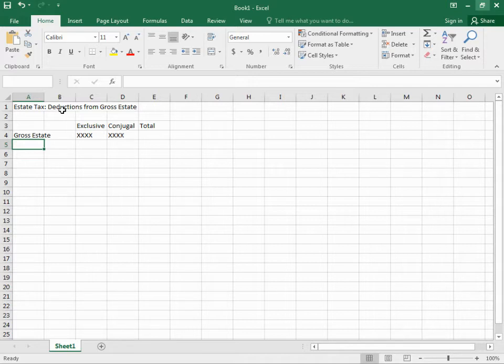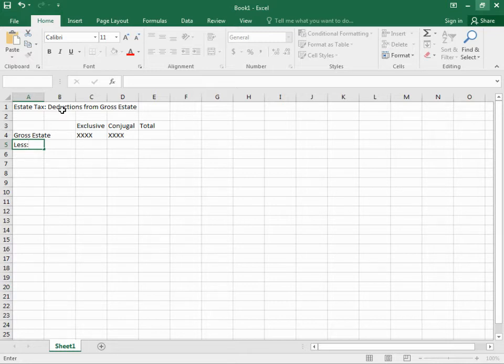So if the decedent is single, you can just leave the communal or conjugal properties blank. Okay? So if we are able to identify the gross estate, or the properties to be included as gross estate, what comes next? It should be the deductions.